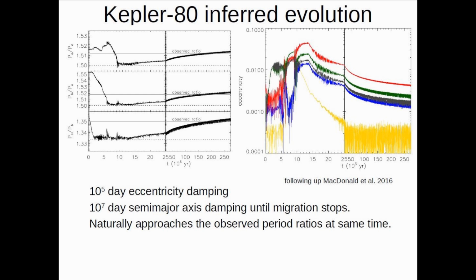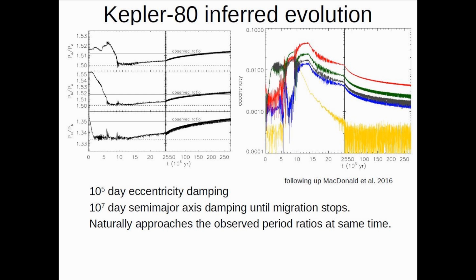But then what I've done here is I've put orbital eccentricity damping on the planets, and then stopped the disk effect. So there's something that's causing their orbits to dissipate in eccentricity, go down, become more circular, but nothing that's continuing to push them in towards the star. And the effect of that is to cause their orbital periods to scoot out to the observed ratios.